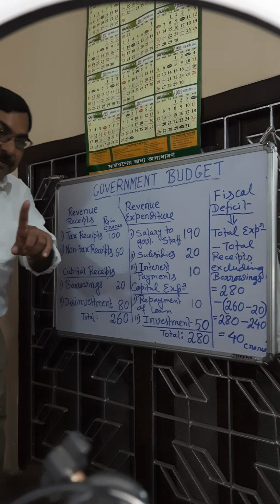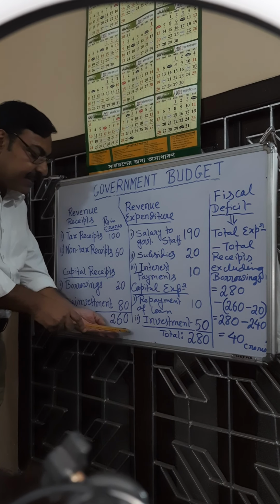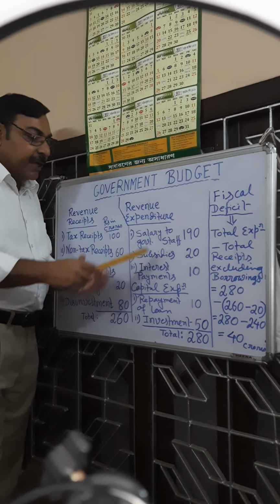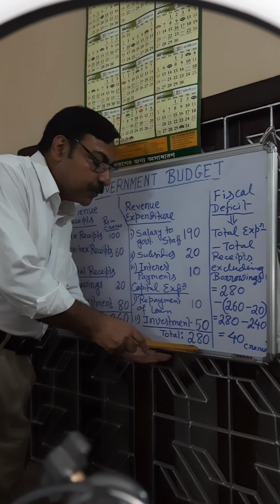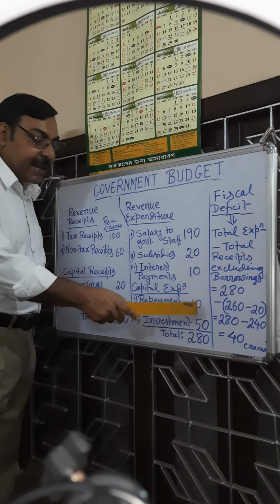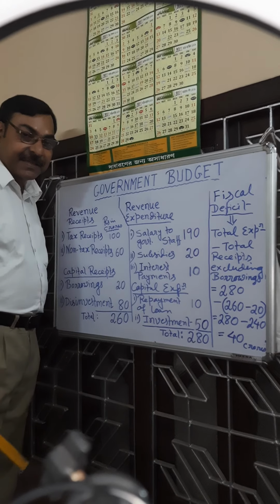One thing you must take into consideration: total government receipts reflected here are 260 crores and total government expenditure is 280 crores. So expenditure, 280, is more than total receipts, 260.